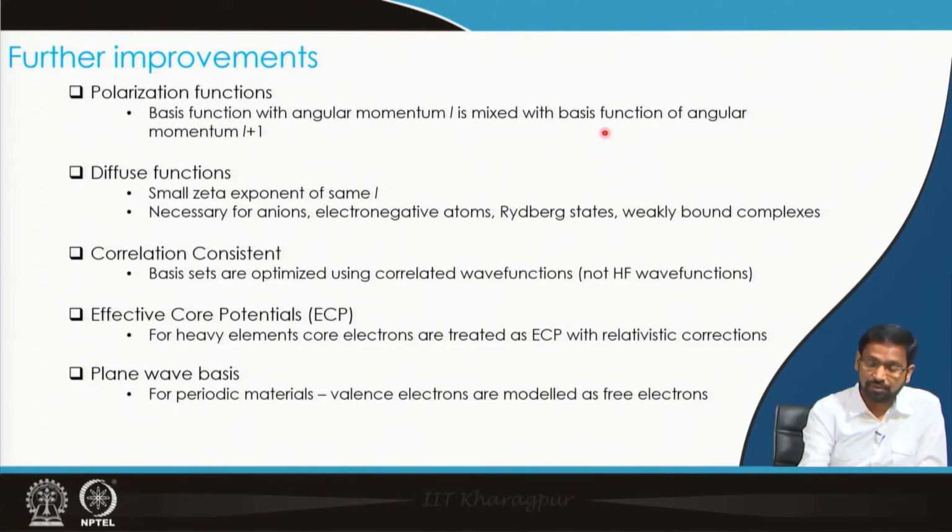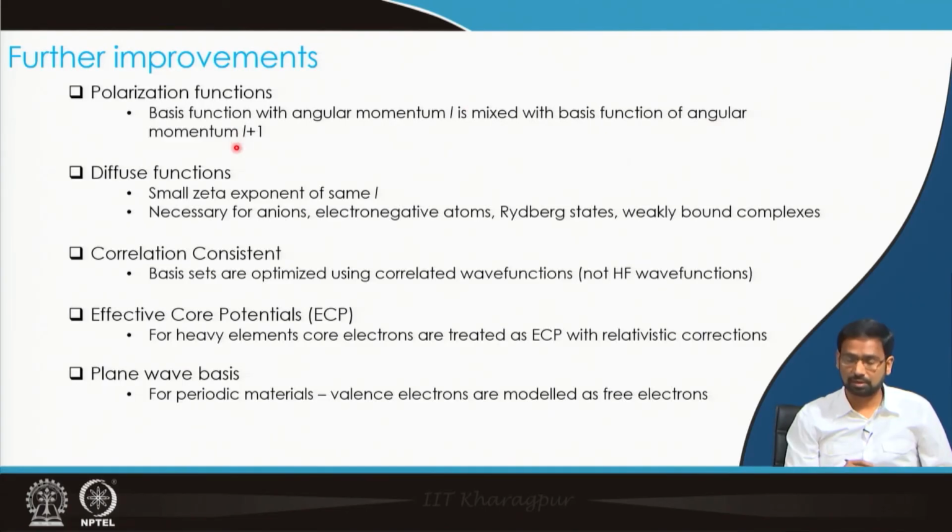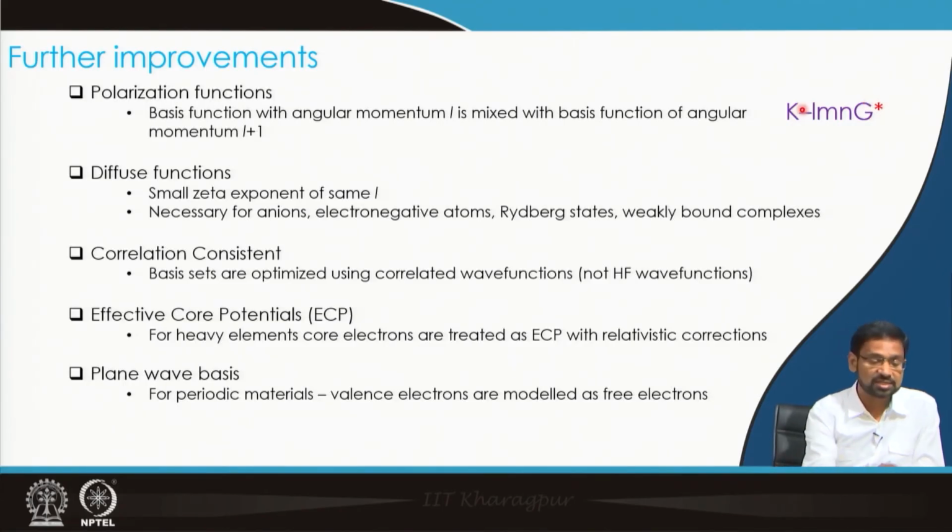If your basis function has angular momentum L, then you add additional basis functions with angular momentum L plus 1, and these are called polarization functions. Normally when you add polarization functions in this K, L, M and G notation, you put a star at the end. I am showing it in red. This star indicates that I am using a polarization function, that means a function of higher orbital angular momentum.